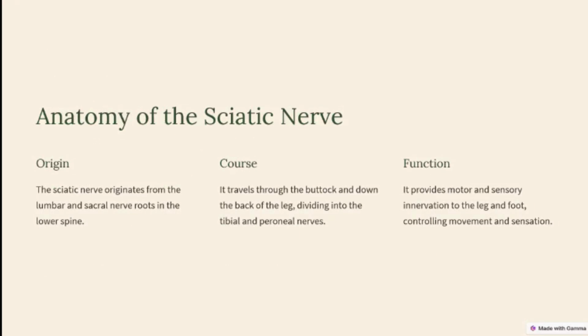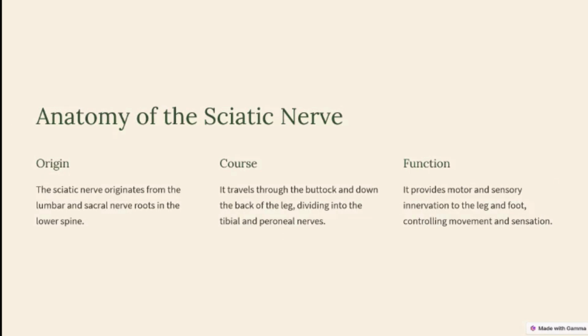So, the sciatic nerve is derived from the spinal nerve roots L4 to S3. These nerve roots exit the spinal cord and combine to form the sciatic nerve, which runs through the gluteal region and down the posterior aspect of the leg.